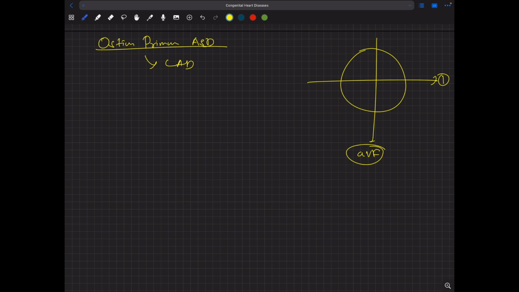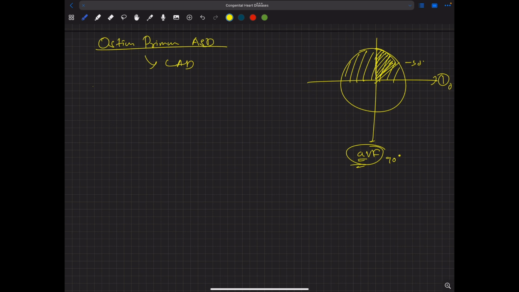So what is left axis deviation? How will you know it in the ECG? This part is called left axis deviation. This is minus 30 degrees, this is 0 degrees, this is plus 90 degrees. Suppose the QRS complex comes from this side like this, the QRS complex in lead AVF has to be negative, so that I can shade this whole part.